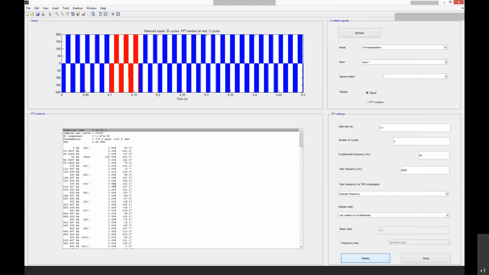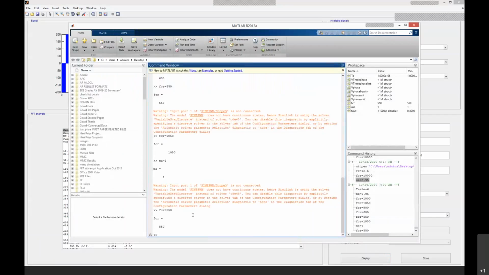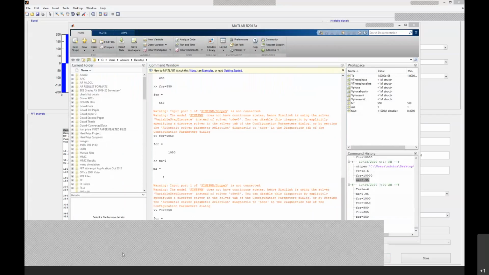Right. So one more thing, I just reduced the MF. Instead of MF being divisible by 3, I just changed that. Okay. So now I kept this at 550 Hz, corresponding to MF of 11, which is not divisible by 3.